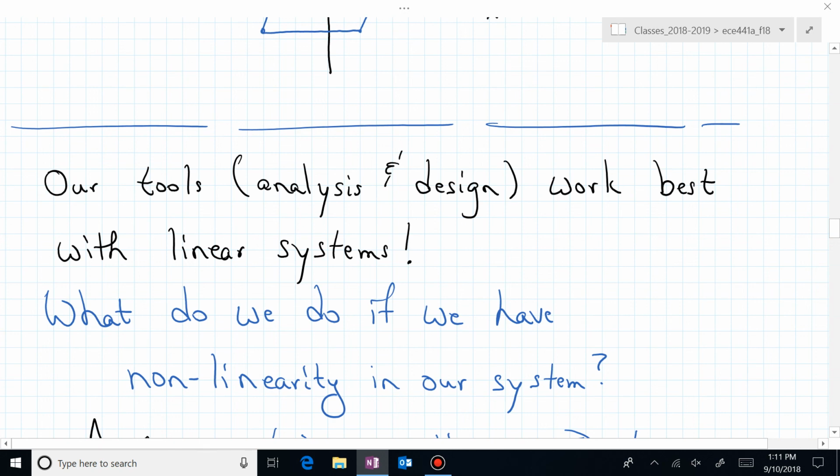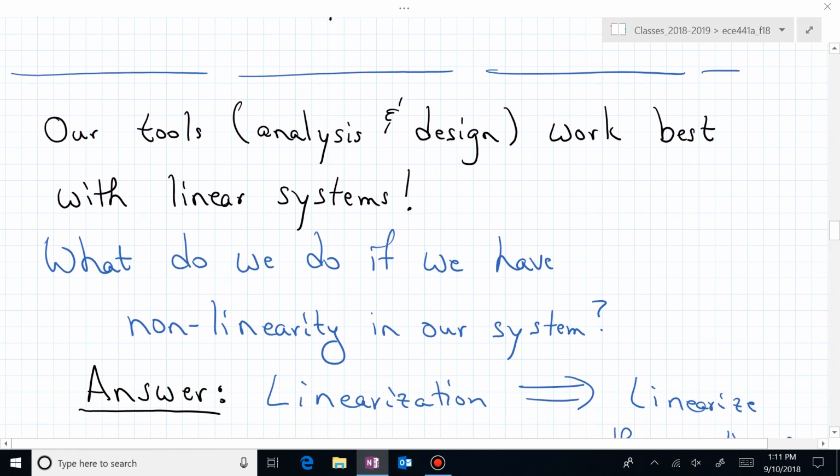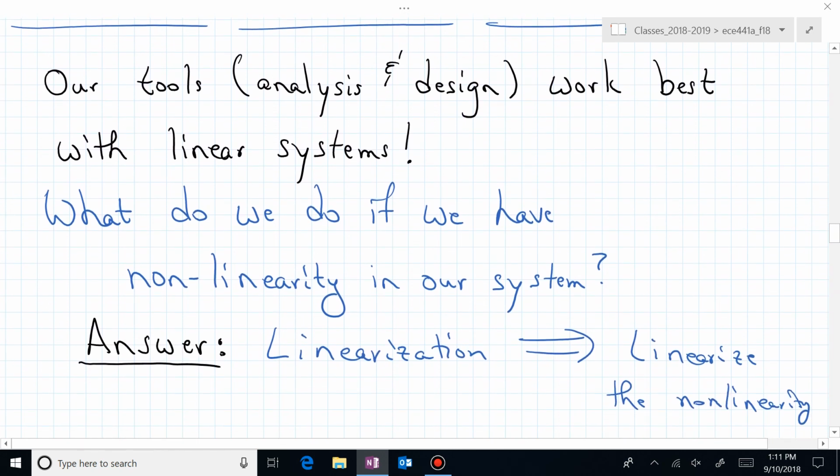What do we do if we have nonlinearity in our system? Well, earlier in the day that answer was chocolate, but now it's actually linearization, which is the correct answer. You now want to linearize this nonlinearity in your system, and that allows us the opportunity to use the analysis and design tools that we are developing in this class.